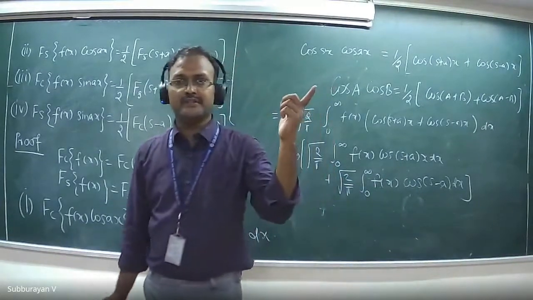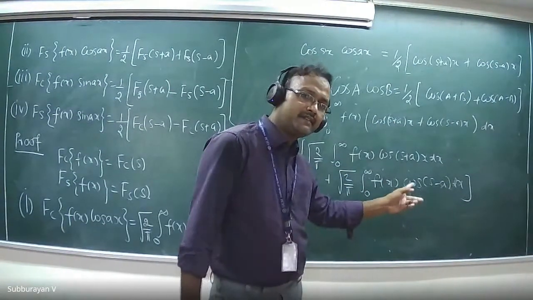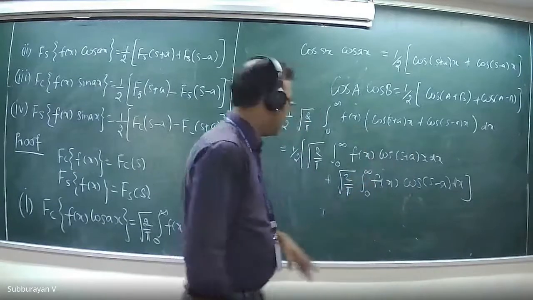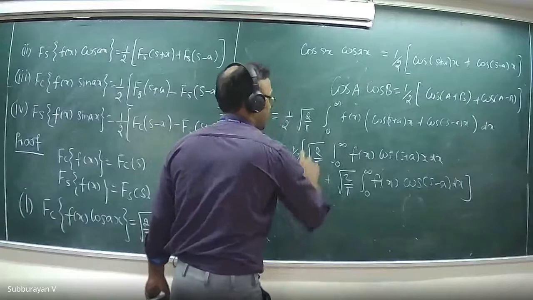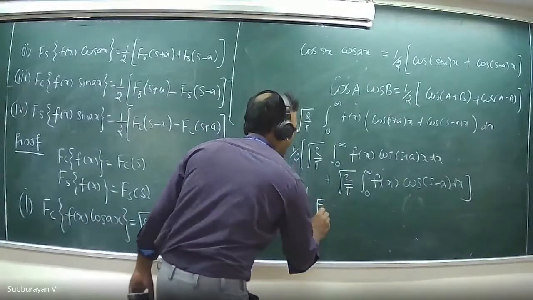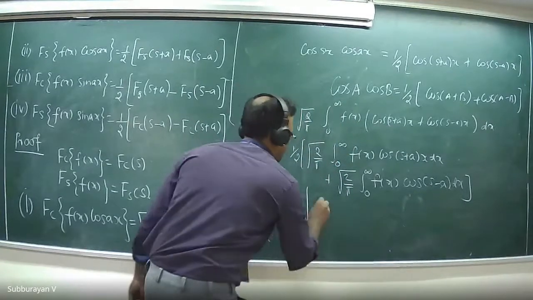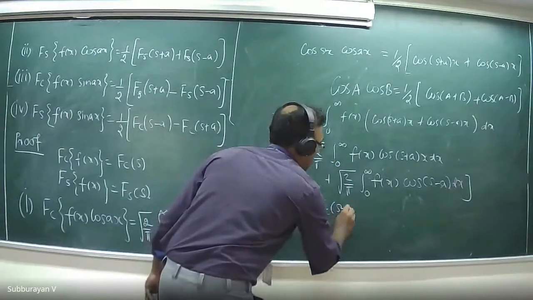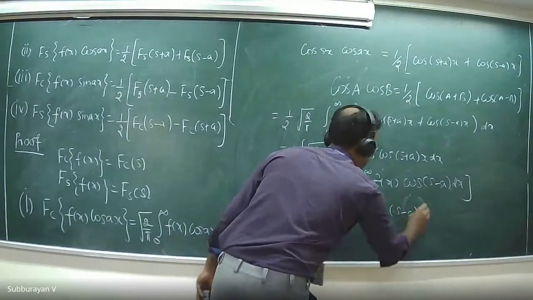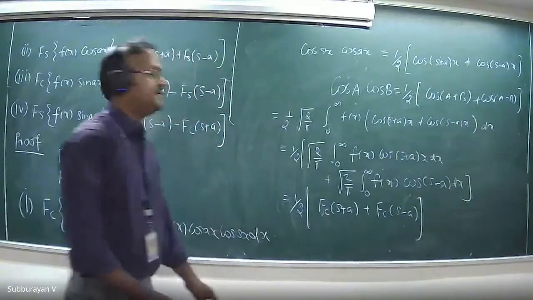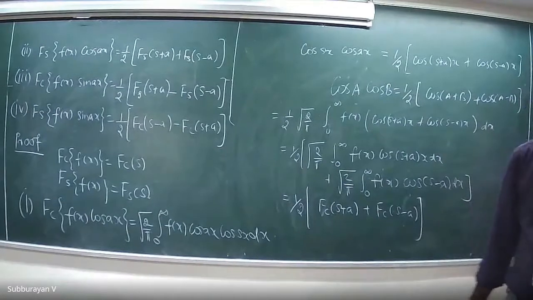Wherever s is there, you just replace it by s plus a for the first integral, and by s minus a for the second. Therefore we get 1 by 2 into fc of s plus a plus fc of s minus a. That's all. Thus, we have proved the first part of the modulation property.